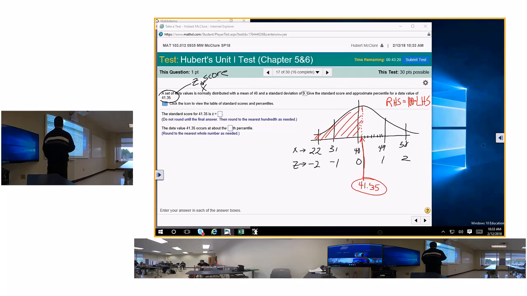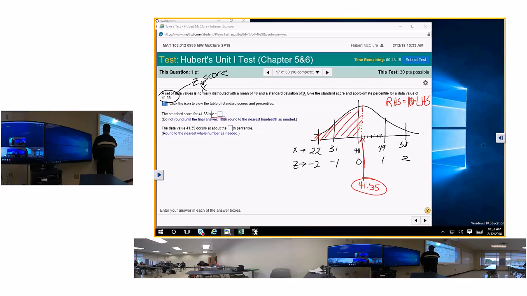So, the standard score, so we got to find out what? Standard score and z-score is the same thing, so we got to find z for 41.35, which is equal to 41.35 minus 40 over 9. Okay, common sense.